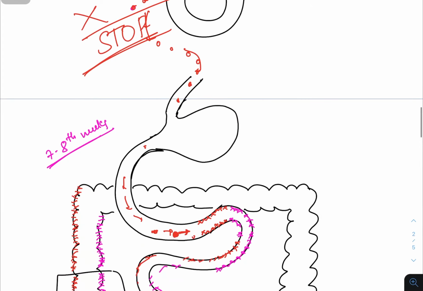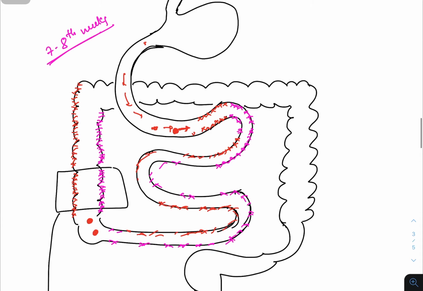So when they stop migrating in the 7th, 8th week, basically the transverse and the descending colon should be completely loaded with the enteric nervous system. But as they have stopped migrating, the transverse and the descending colon cannot be loaded with the nervous system. When there are no neural crest cells, there is no enteric nervous system.